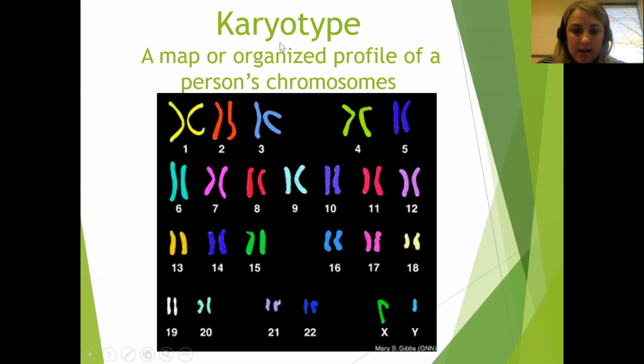Now this is a healthy, just generically looking at this karyotype, looks like a person who I don't see any inherited genetic disorders. Now, if there was an extra chromosome here, that would be considered a trisomy. So trisomy 21 is actually the genetic disorder of Down syndrome.